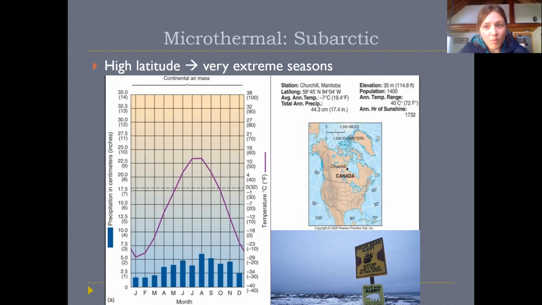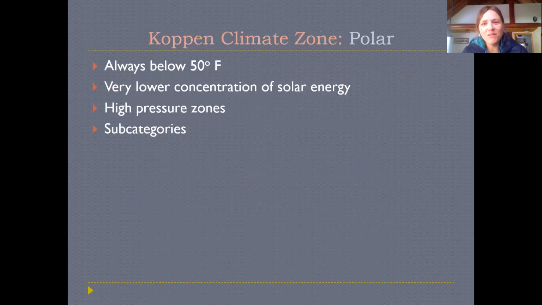Okay, so plugging along, our next zone that we want to talk about is the polar zone. So this is, surprise, surprise, near the poles. Okay, so we already know that because the Earth is curved, even in the summertime, when the Earth's axis is tilted a little towards the sun, these areas are curved away in such a way that they're always getting hit with sunlight at an extreme angle, and therefore having a very low concentration of solar energy on the ground, which causes the temperatures in these areas to remain cold, even in the summer when they have long hours of sunlight.